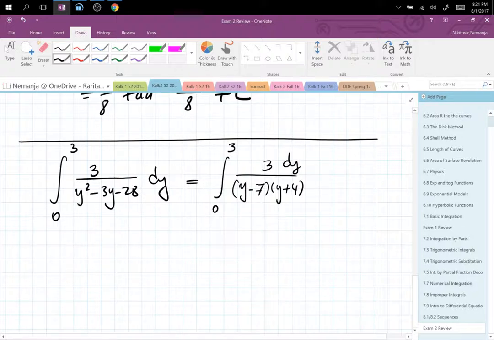I told you that once you learn improper integrals type 2, it's a life-changing event for definite integrals, going down Calc 3, differential equations and everything else you're going to take in the future. Every time, you saw me do it now, right? I have the limits 0 to 3. Once I factored, I made sure where the vertical asymptotes are. Vertical asymptotes are at 7, which is not between 0 and 3, and negative 4, which is not between 0 and 3. So I don't have to worry about improper integrals in this particular question.